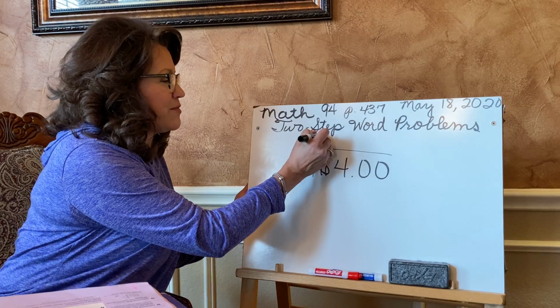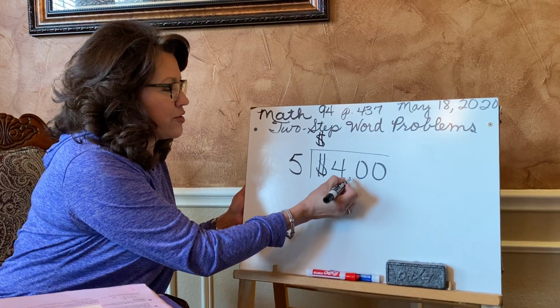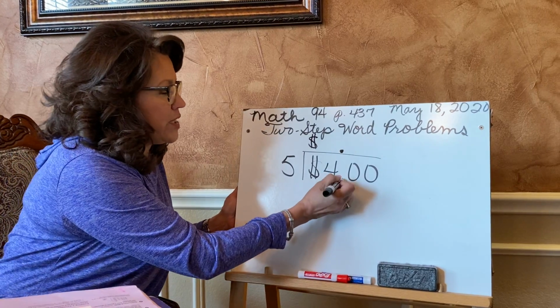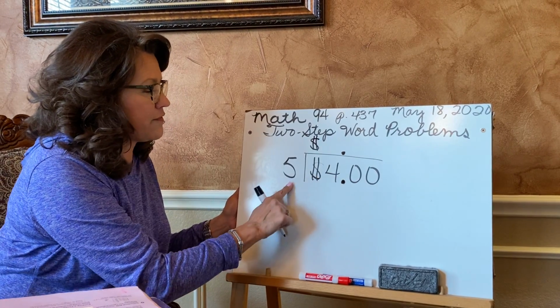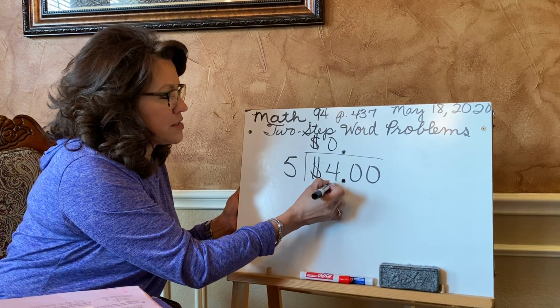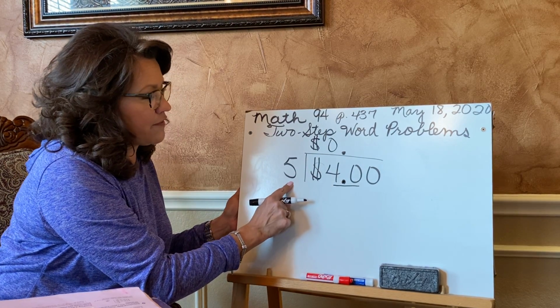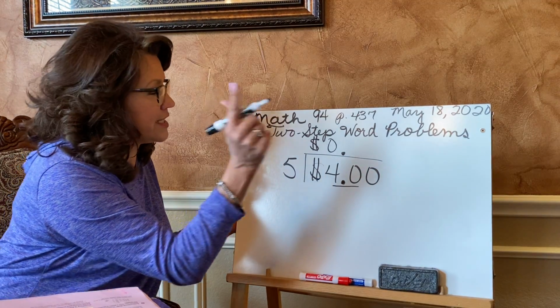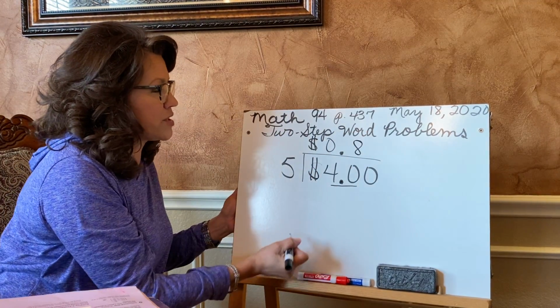So $5. Now don't forget to start with your labels, all of your important information. We know that we cannot divide 4 by 5, so we put a 0 up there. So we're dividing 40 by 5. 5 times 8 is 40.